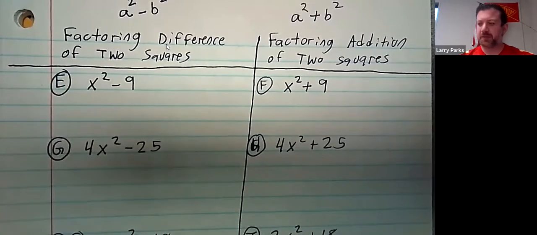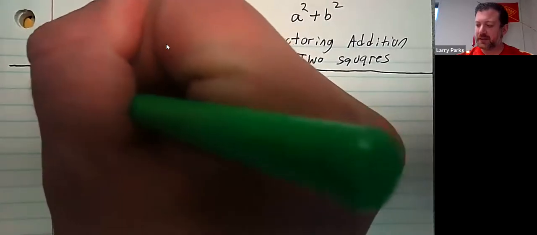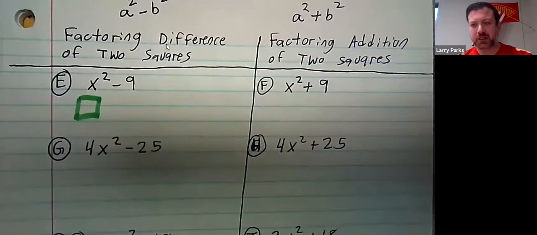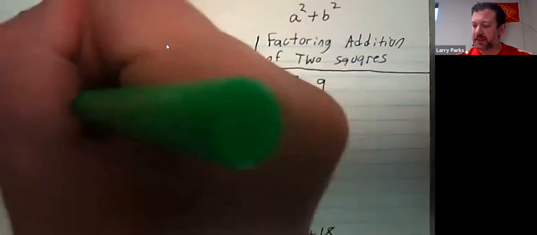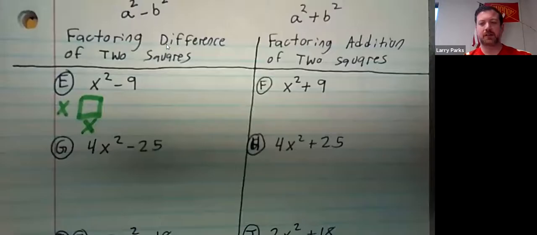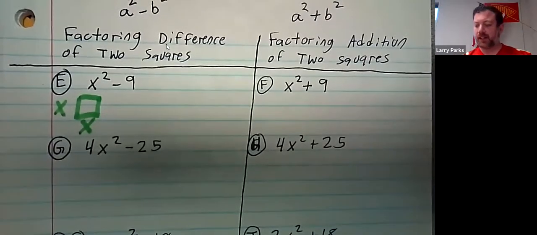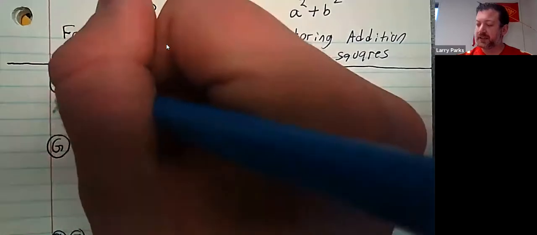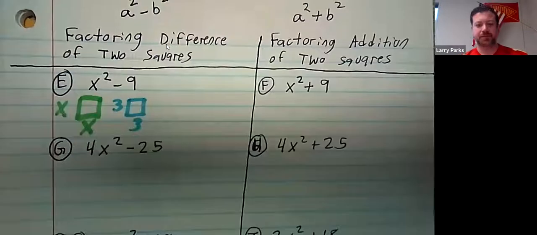So I'll make this as simple as possible. If you think of x squared, and you think of that as a square, that's x times x. And then when you think of 9, and you think of that as a perfect square, that's 3 and 3.